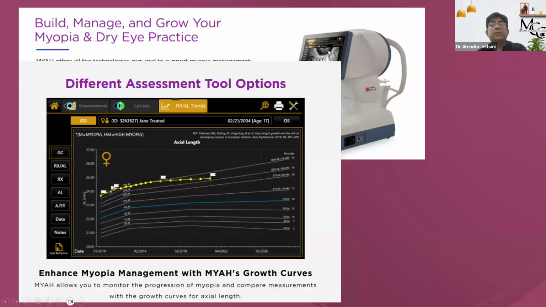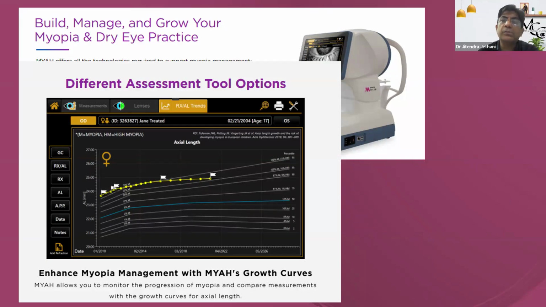So when the industry starts moving towards something, that is the first indicator that this particular branch will definitely see more and more research, more and more work, both in terms of instrumentation and in terms of pharmacology, because people are now waking up to myopia. See, such a change within 1.5 years. And I think Zeiss is also planning to come up with their biometer, because they already have the IOLMaster 500. So everybody is now gradually shifting towards this.